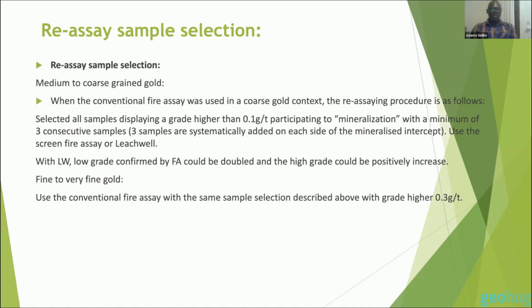In this type of deposit, the best way is to use the Leachwell, not fire assay. The conventional fire assay will underestimate the deposit. Kalana, Agbau, Tabakoto, and other deposits where the gold is medium to coarse, and where we have the VG and RC or diamond.